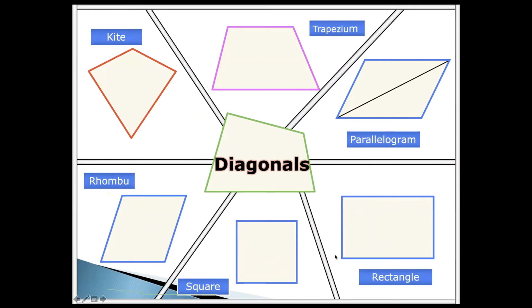Diagonals. The parallelogram has two diagonals, and they bisect each other.